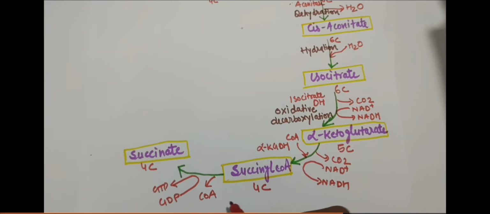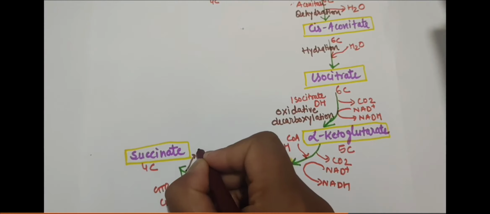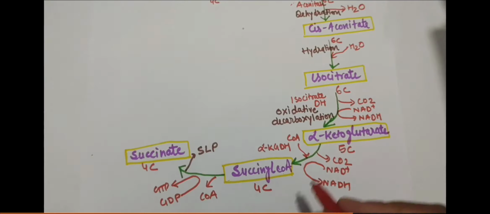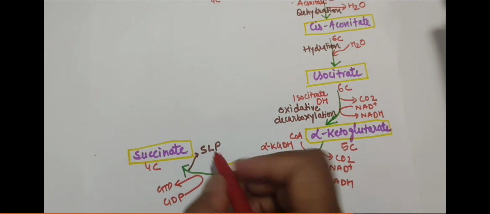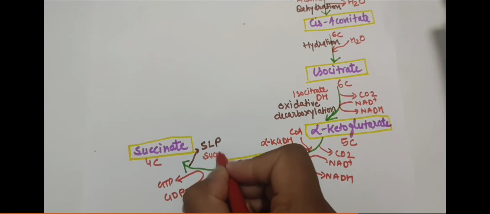The enzyme that catalyzes the reaction is succinate thiokinase, and this step is known as substrate level phosphorylation.